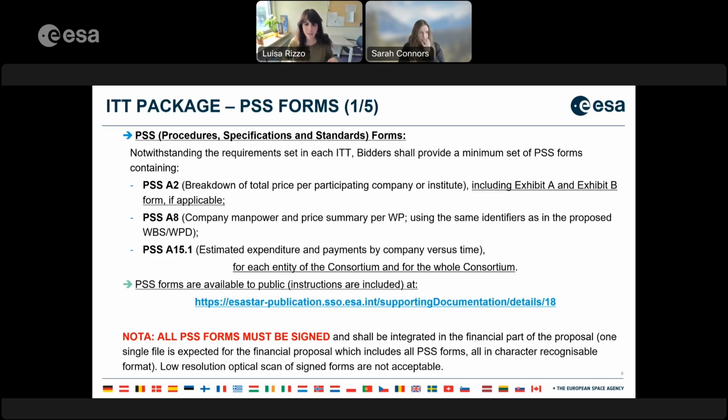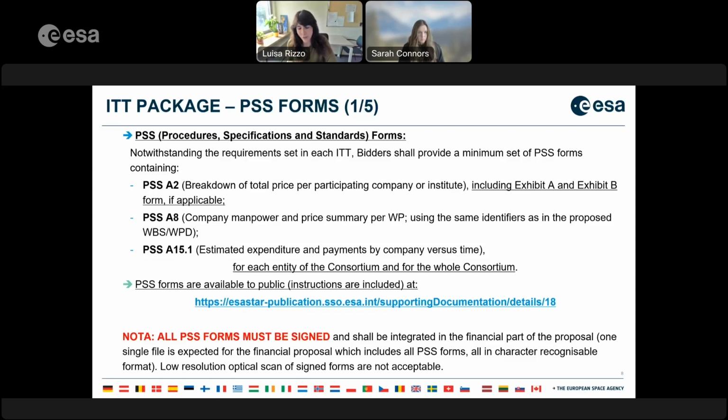More into details, and again, that was already requested by a lot of tenders, one single file is usually expected for the financial proposal, which shall include also all the PSS forms, and of course in a readable, recognizable format, because sometimes the scan copies we receive of the PSS forms cannot be read in any way.